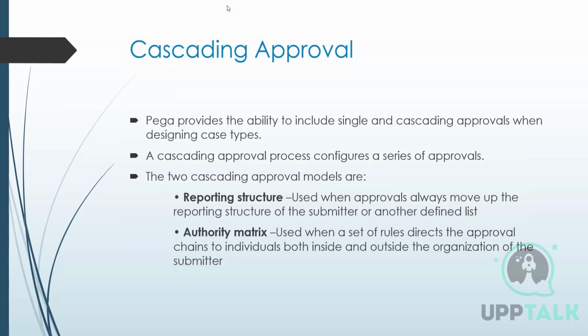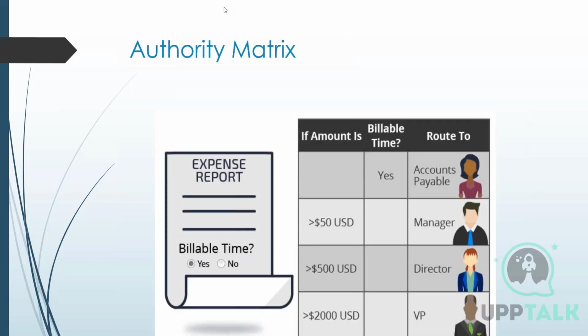Does it mean your manager is reporting to the finance manager? No, but still the approval is required from people outside your department. So authority matrix is where people from different departments, or people who are not part of your team, are also involved in the approvals.